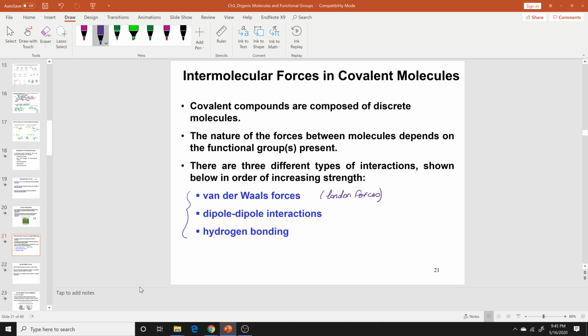This happens whenever you have a polar molecule, or you have a section of the molecule which is polar, like a carbonyl, like an OH. It doesn't have to be the whole molecule to be polar, it's just a section of it that has a polar bond that will form a dipole-dipole interaction. And then we have the hydrogen bonding. This is the strongest type of intermolecular forces.